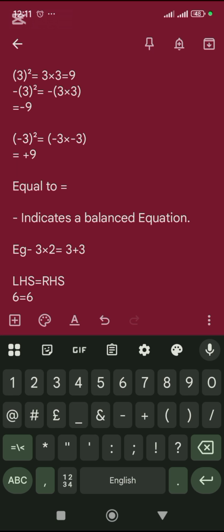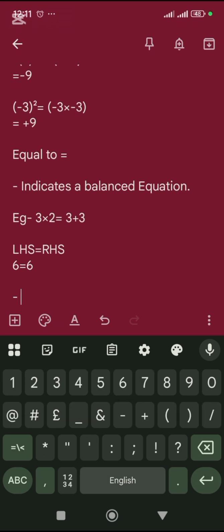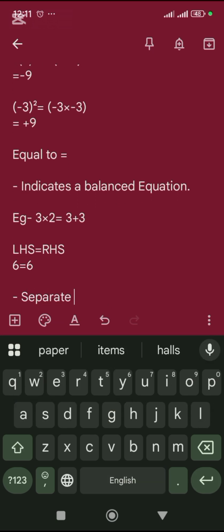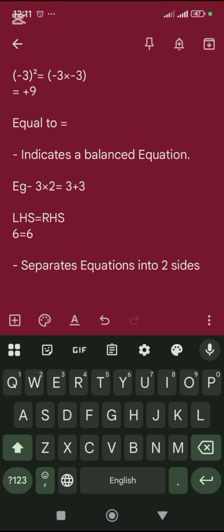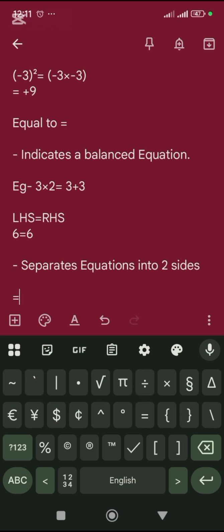Also, the equal to sign separates equations into two sides. That is the left hand side and the right hand side. Just look at your screen.